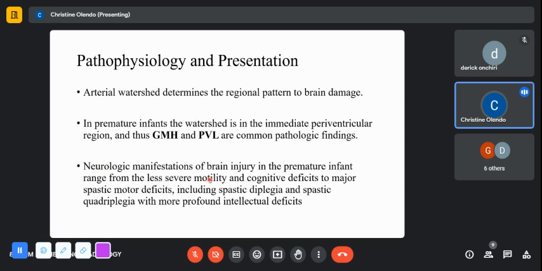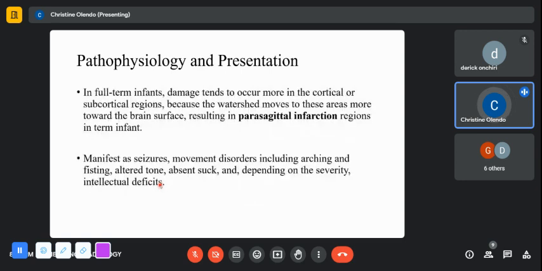The neurological manifestation is less severe, and you'll have cognitive deficits, spastic motor deficits, spastic diplegia and spastic quadriplegia as well, and intellectual deficits.